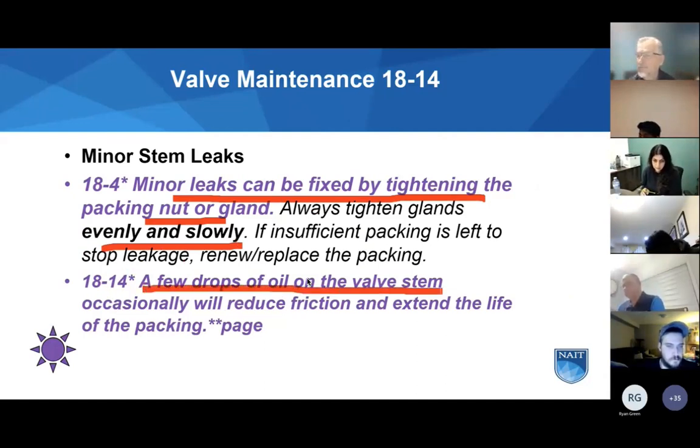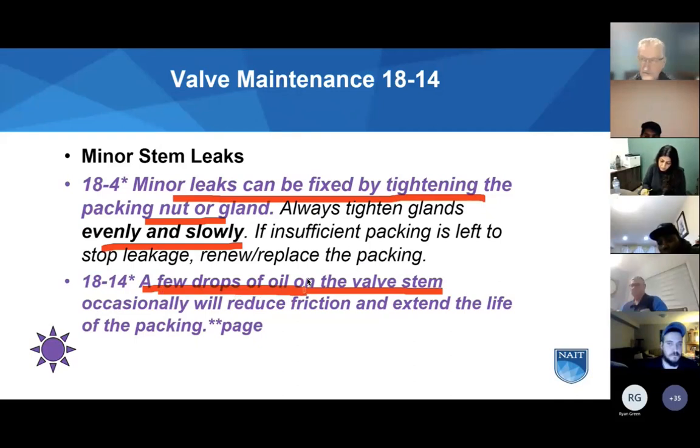Lubrication of the stem. They showed bigger valves with a grease gun connection, and they showed painting the stem with a lubricant, which has the same purpose. A few drops of oil.